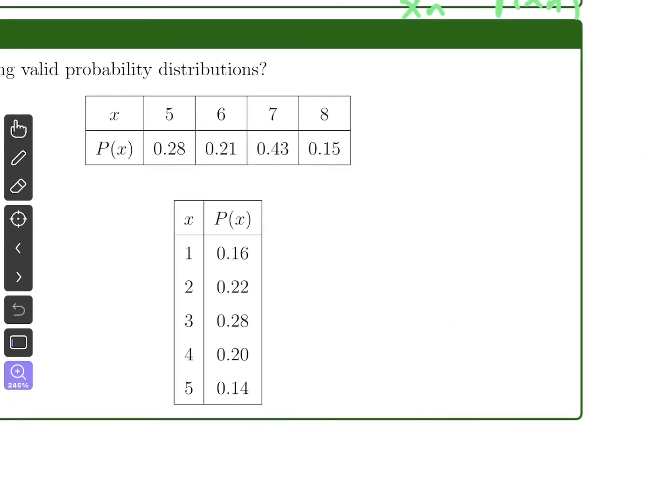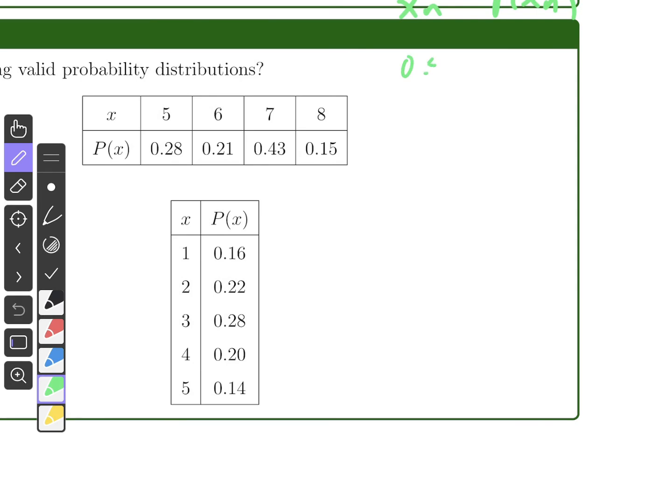And those conditions are, do you have probabilities between 0 and 1? Does the sum of the probabilities equal 1? And if that's the case, then you have a valid one. Technically, you should check to make sure all the outcomes are present, but I'm not going to try to trick you on that one.